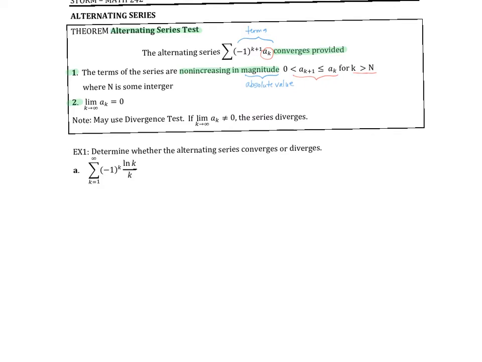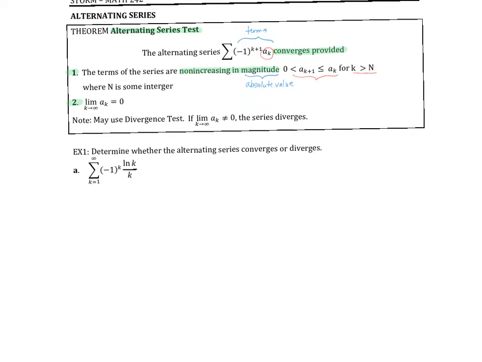Now we're adding another test. So we have to really be careful with all the tests that we keep adding, that they're appropriate for the series. In an alternating series, we cannot use the integral test, and the reason why is the integral test specifically states that the series has to be positive. In an alternating series, the terms are not always positive. In fact, half the terms are negative.